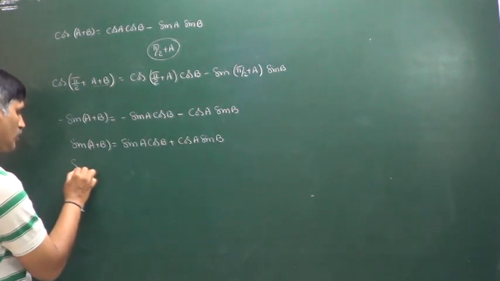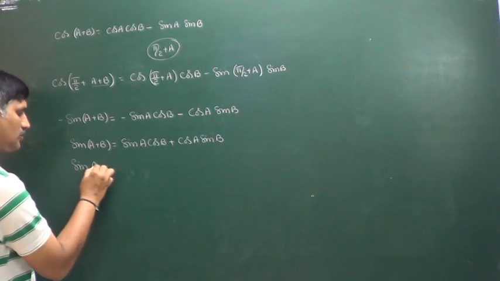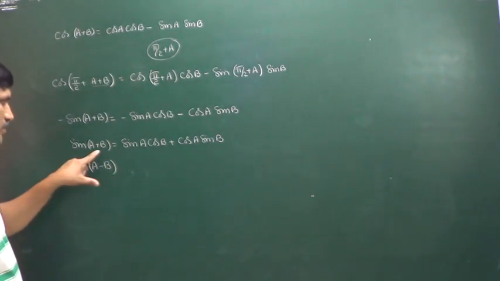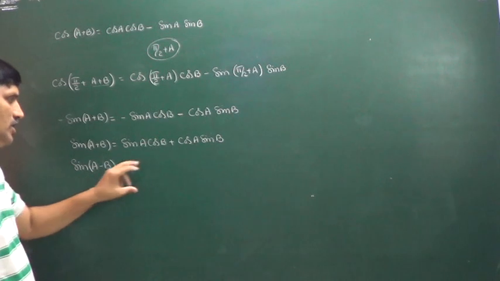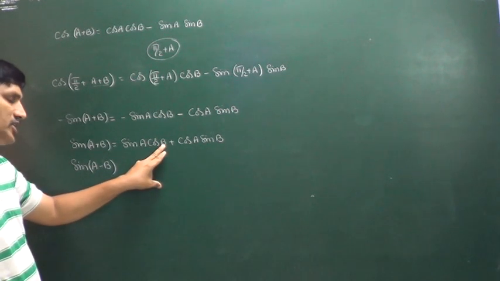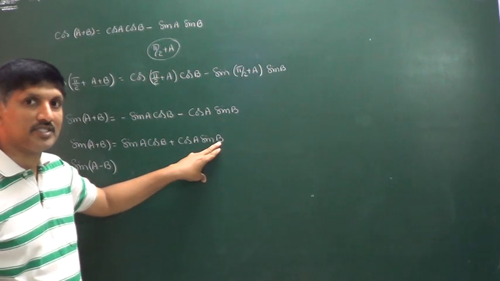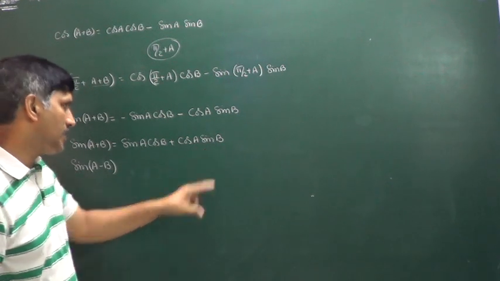Suppose you want to derive the formula for sin of A minus B, then what happens? B is replaced with minus B. In place of B we are writing minus B. Here A won't be affected. Sin of minus theta is minus sin theta.